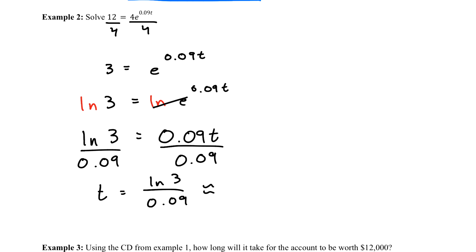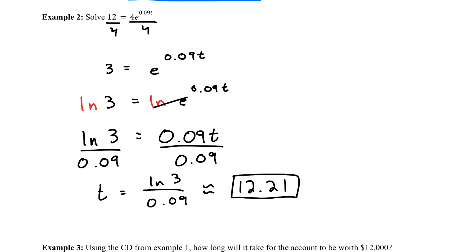Most of the time we're going to want an approximate answer as well. So we're going to have to use our calculators to help us out here. Natural log of 3 divided by 0.09 gives us, let's say, 12.21 if I round to 2 decimal places. So this is my approximate value of t.